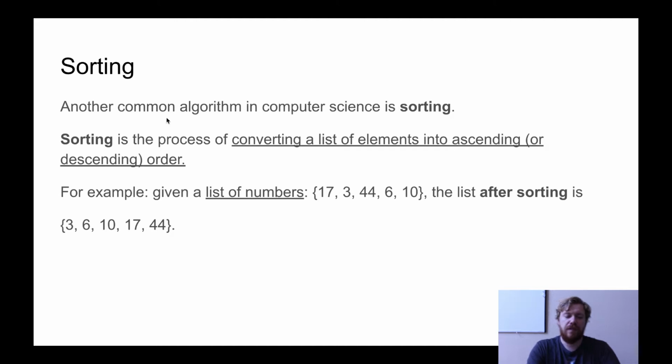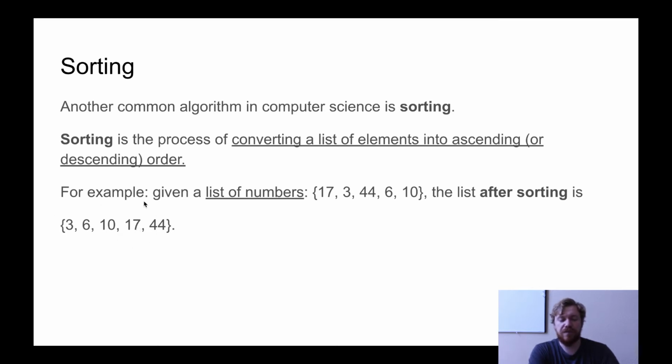Sorting is the process of converting a list of elements into ascending or descending order. For example, given a list of numbers in no particular order, 17, 3, 44, 6, and 10, the list after sorting, or in other words, after applying a sorting algorithm, might be 3, 6, 10, 17, and 44.